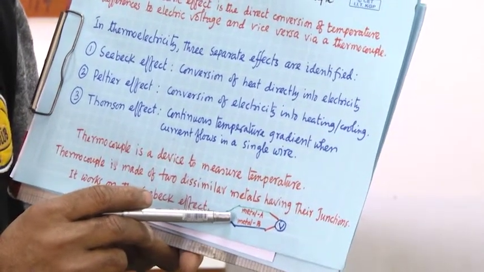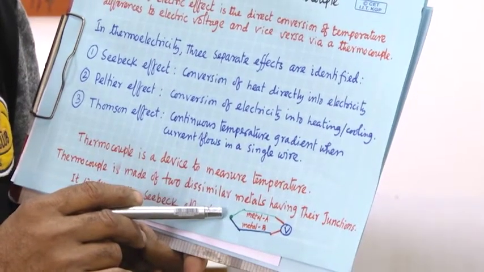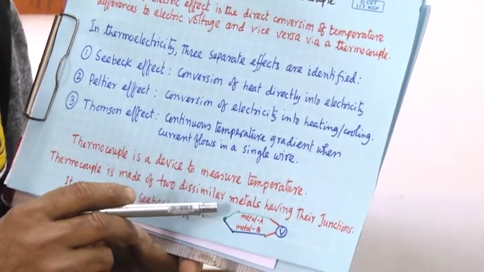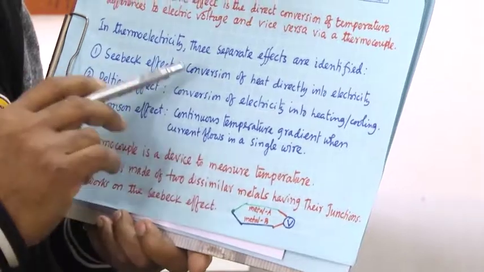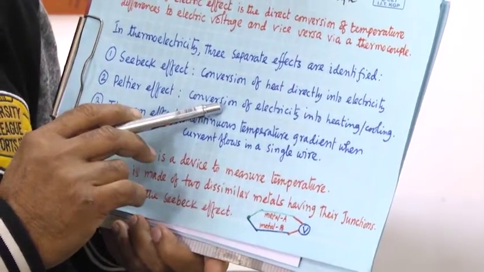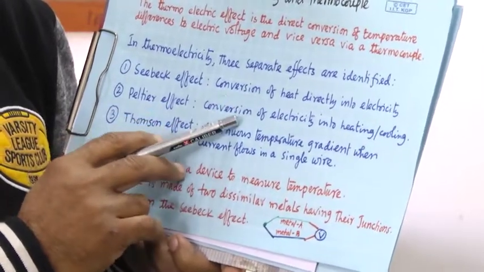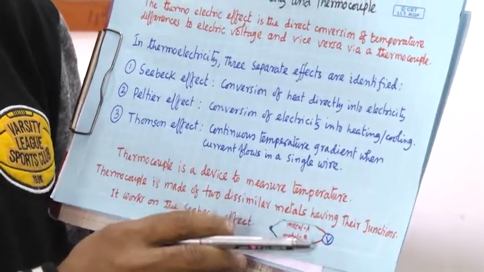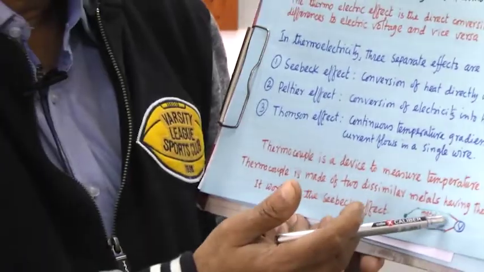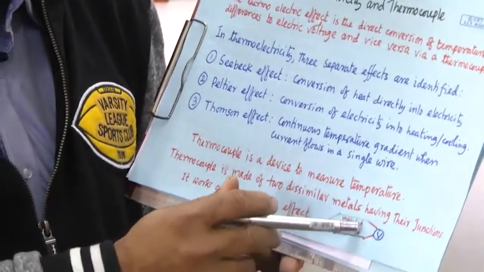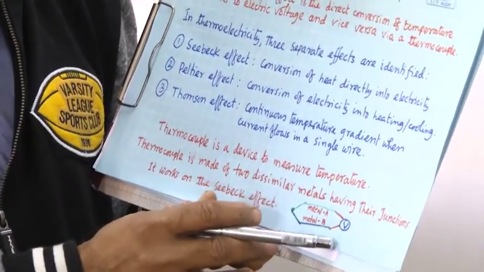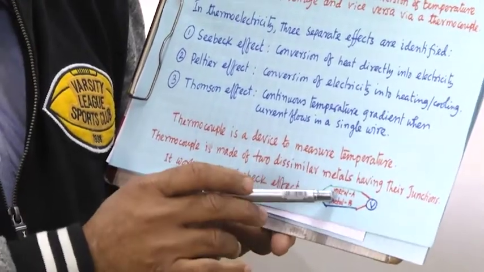So, here one junction we put at the place where we want to know the temperature. Okay. And the other one we consider to be at room temperature, so the reference is room temperature. So, then we do it this way.